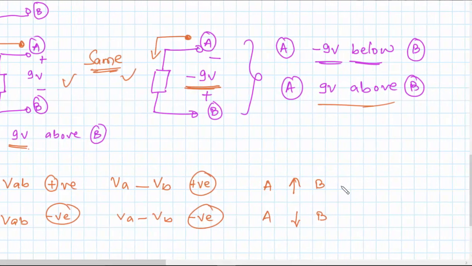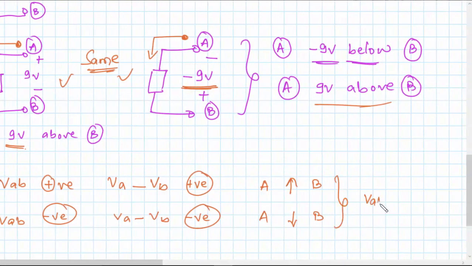From both of these, you can say that VAB equals minus VBA. This is very important, and we will use this concept while solving problems.